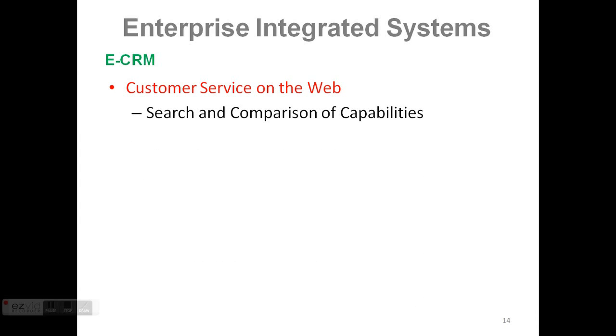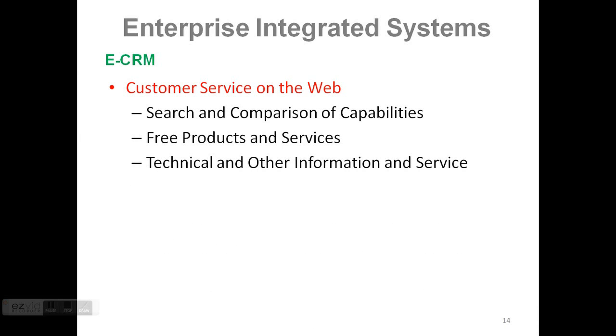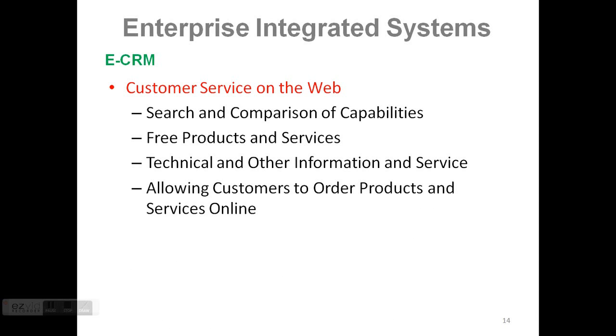ECRM also helps customer services on the web, search and comparison capabilities, free products and services, technical and other information services, allowing customers to order products and services online.